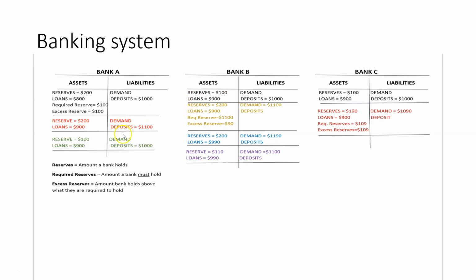So if we go back over here to this greenish color here at Bank A, what we see happen is the Fed takes the money out of the reserve account of Bank A and says, we've paid your depositor's check. We've taken our money out of your account, and the Fed's happy, Bank B's happy.